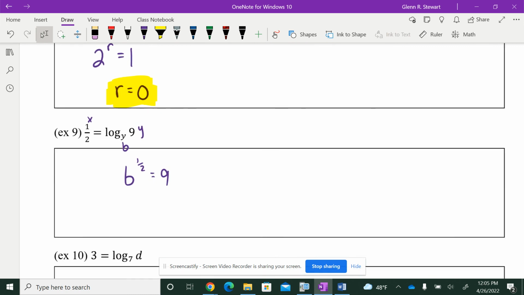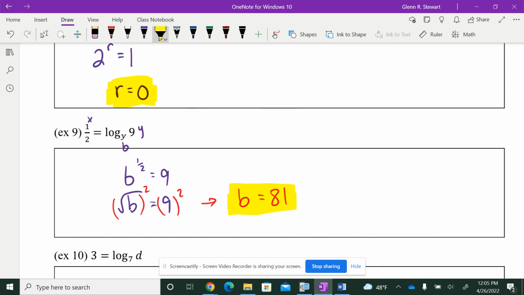Now, if I want to eliminate a fractional exponent, remember that this is really like saying that I have the square root of b is equal to 9. In order to eliminate that radical, I can square both sides. So then I end up with b is equal to 81.